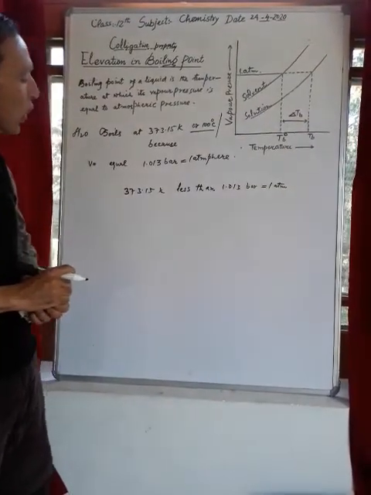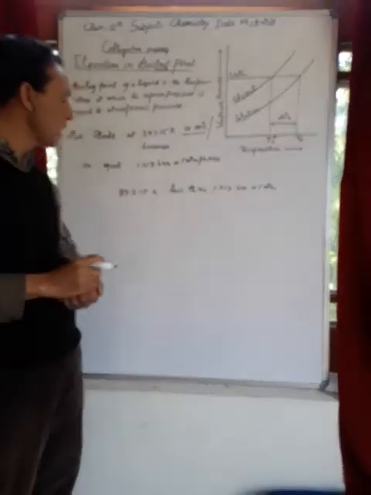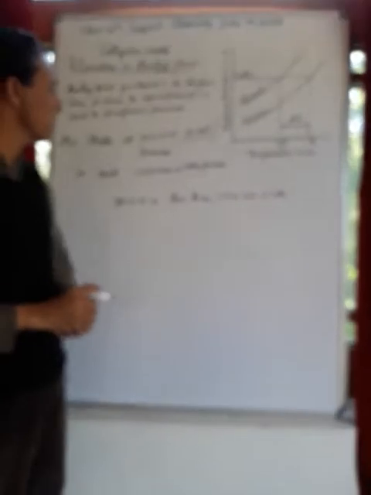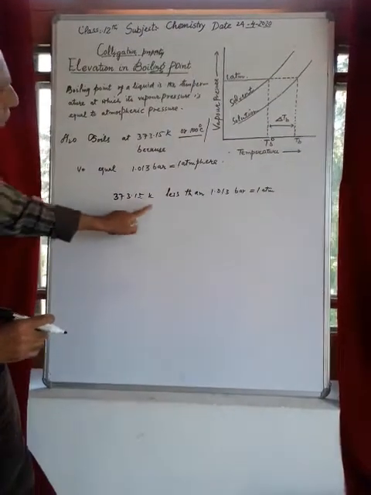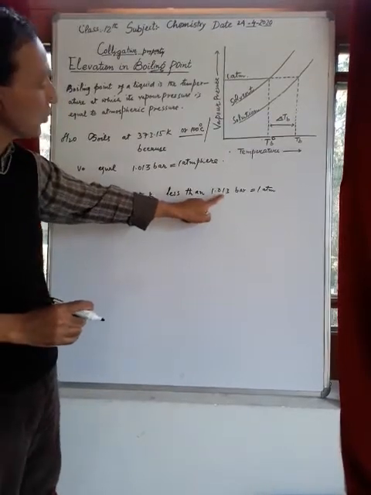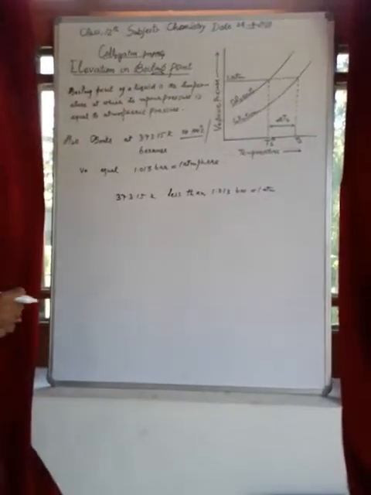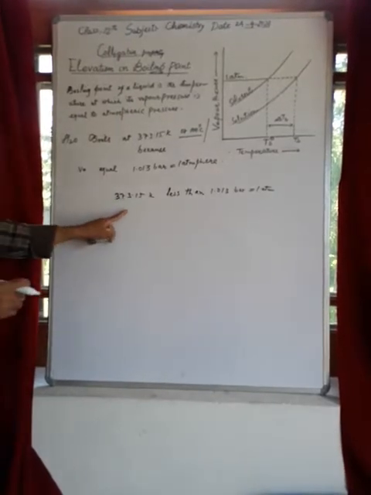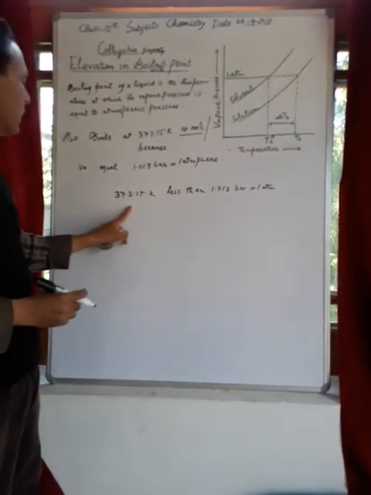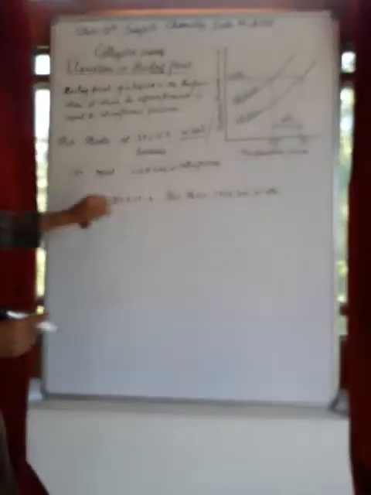So, in order to make this solution boil, we have to raise its vapor pressure up to 1.013 bar or 1 atmosphere by raising its temperature above the boiling point of the water.